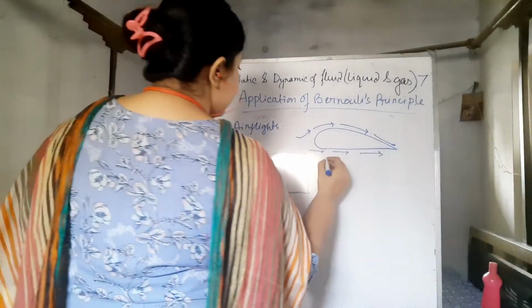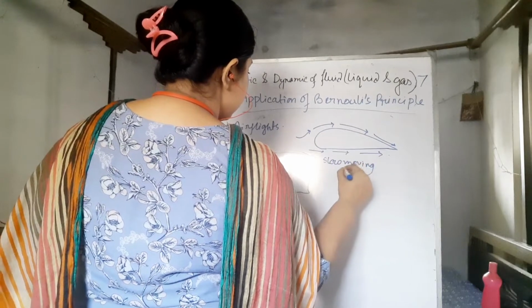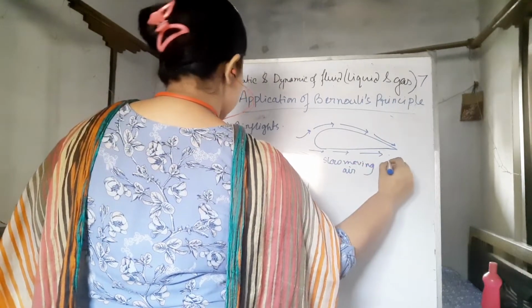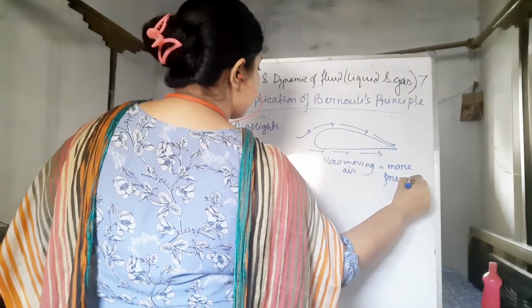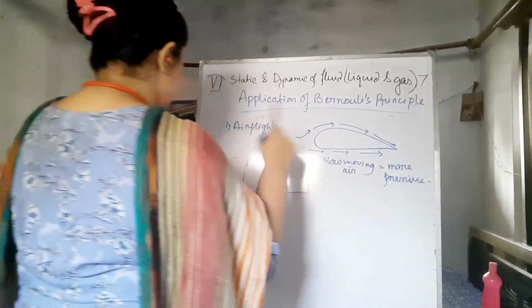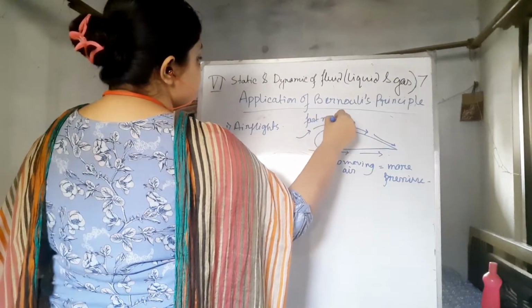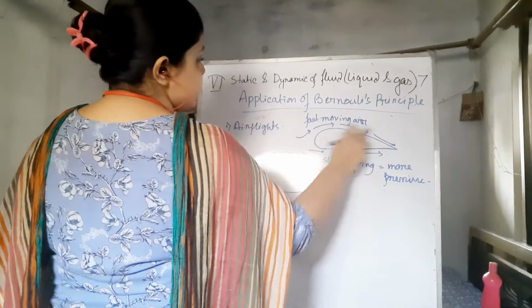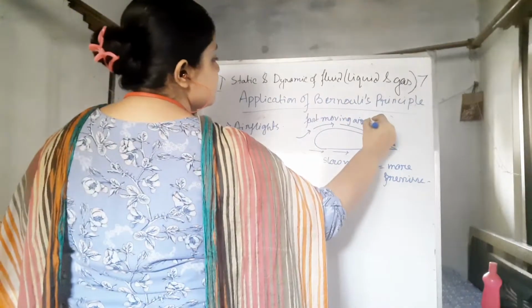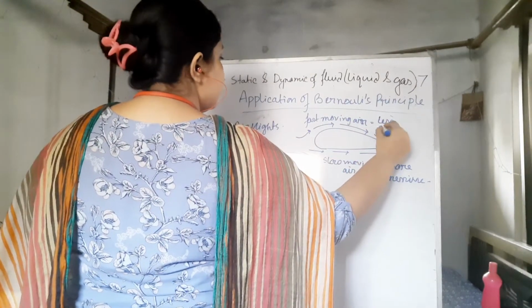So here the slow moving air creates more pressure, and on the upper side the fast moving air, because a slope is present, that is why the air is moving faster, creates less pressure.